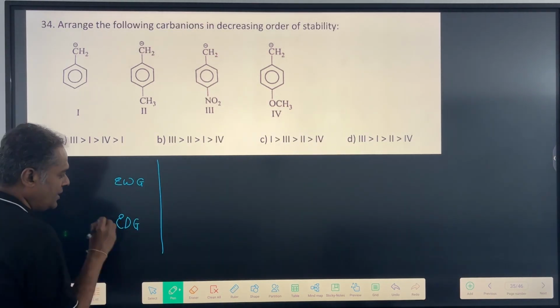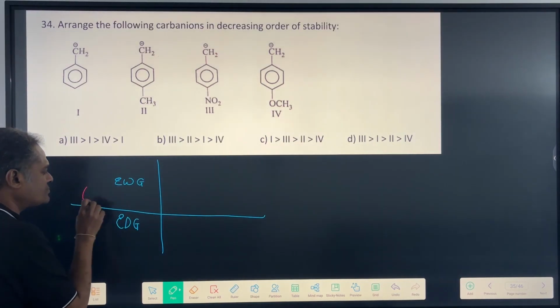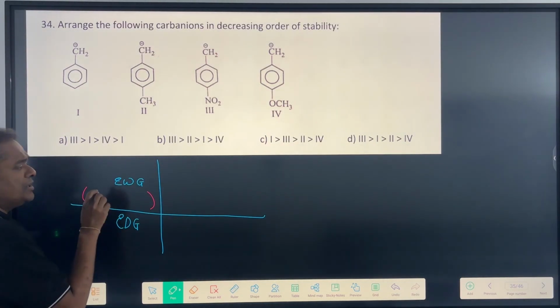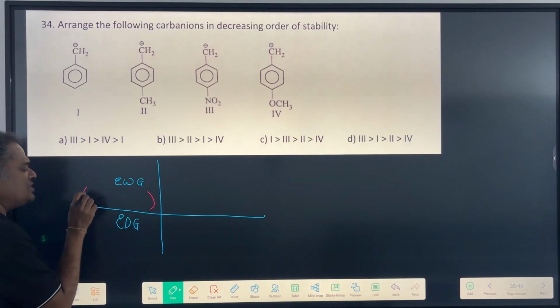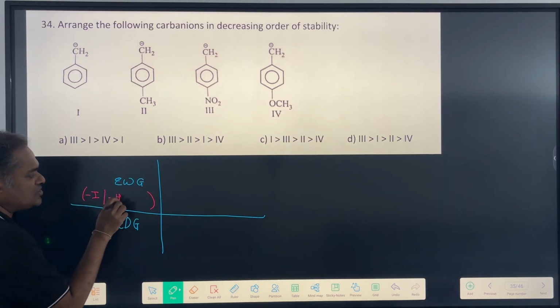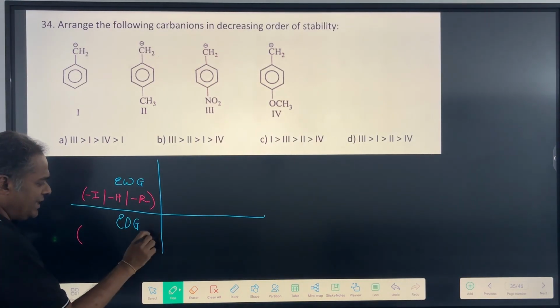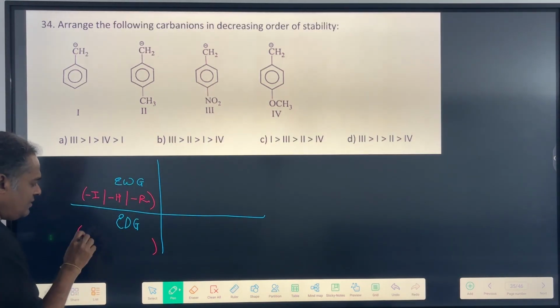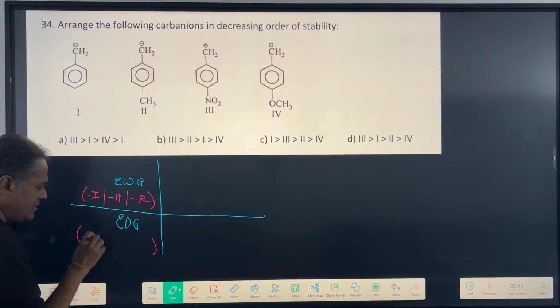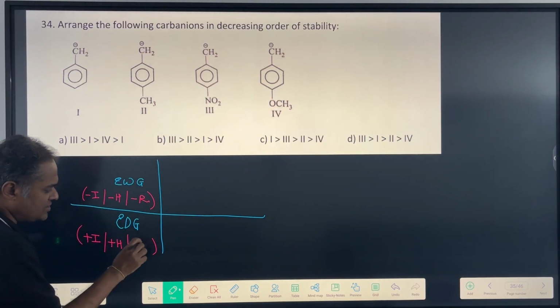Let's write about these groups first. Withdrawing groups are those which show negative effect, which can be minus I, minus H or minus R. Whereas donating groups show positive effect: plus I, plus H and plus R.